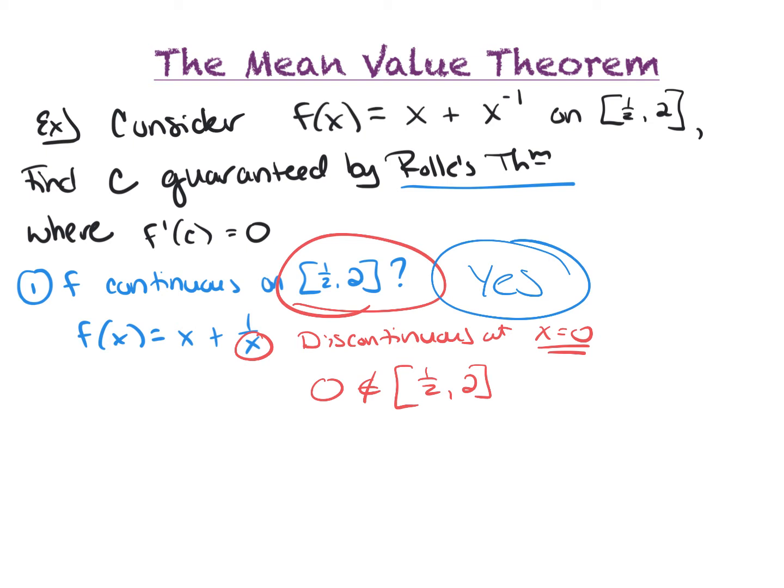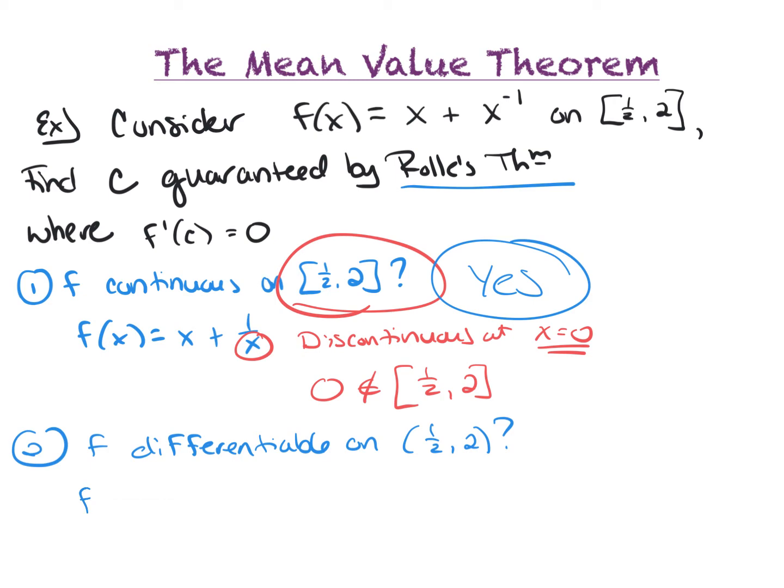Okay, let's check condition 2. Condition 2 says that f of x must be differentiable on the open interval from 1/2 to 2. This tends to be the hardest one for students to understand. So here's how you check to see if a function is differentiable. For starters, take the derivative. So we're going to find f prime of x.